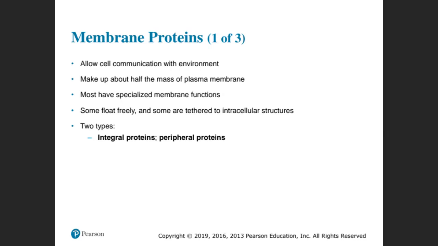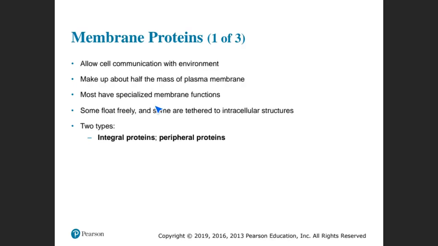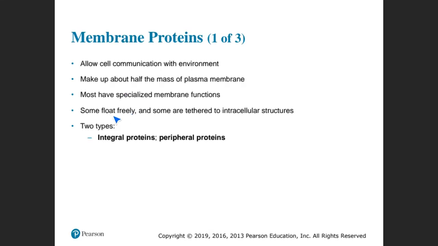All right, so let's go back to proteins for a second and talk about them some more. These allow cellular communication both with the environment and with other cells. They make up about half of the mass of the plasma membrane, and they have specialized functions. Some of them are hanging out freely around cells.